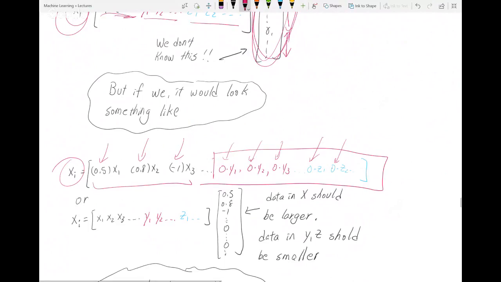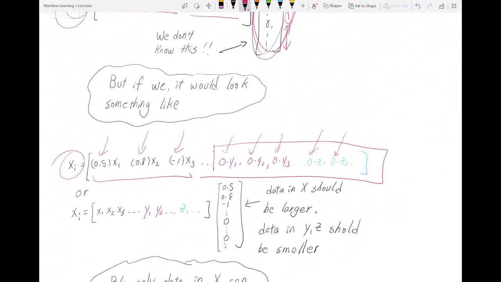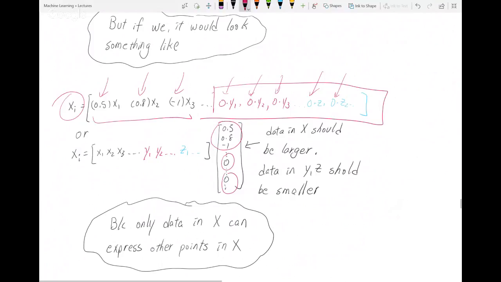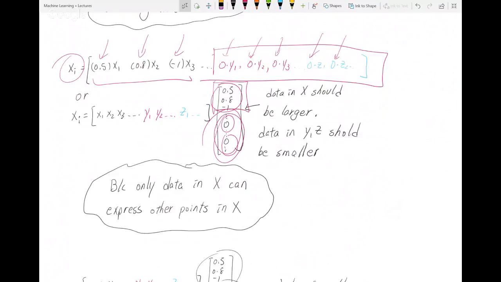And of course, I can rewrite this in the matrix form. So this right here are the x weights, and these are the y and the z weights. The data in x should be larger. Of course, they are 0 if they're perfectly perpendicular. But if they have noise, then they're not exactly 0, right?